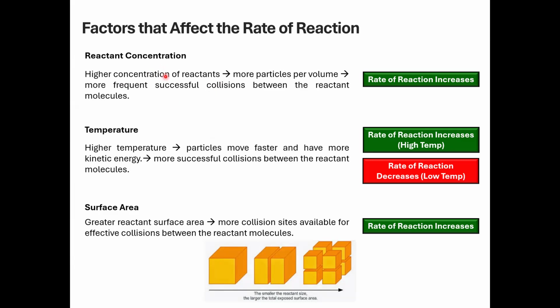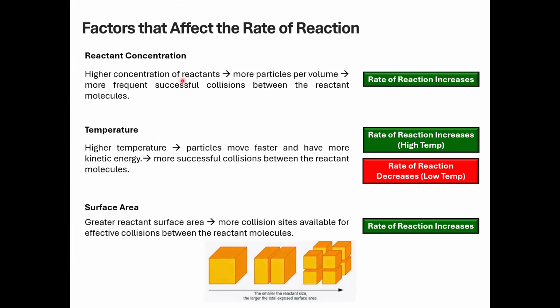You want your reaction to proceed and occur quickly, but not so quickly that it affects how much we use or the temperature it's occurring at, because that can also affect the safety of the reaction itself. Very quick reactions can be quite dangerous if they're not controlled. So it's all about a balance here.